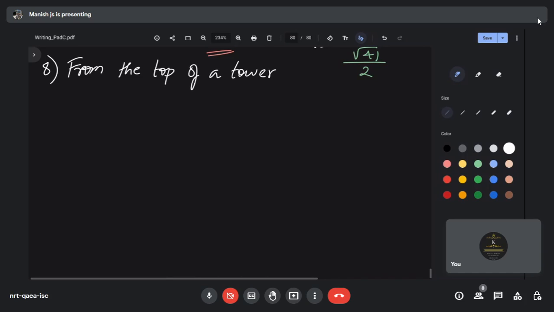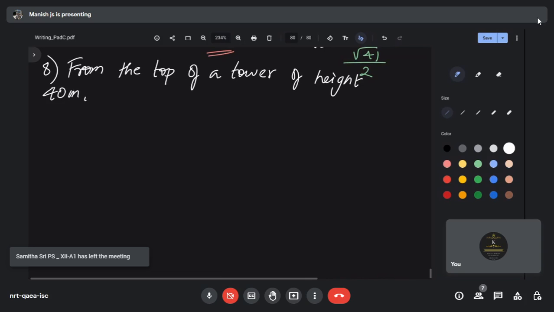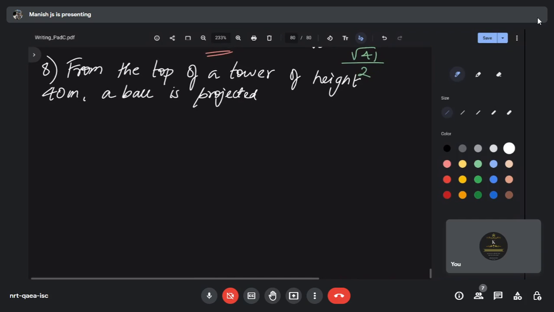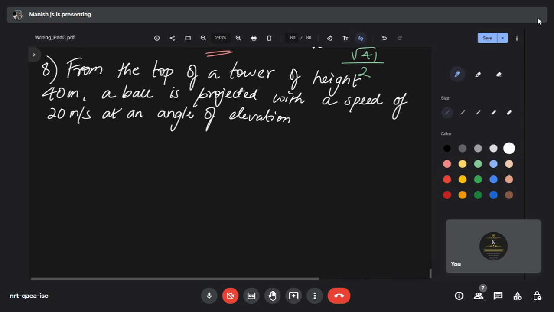From the top of a tower of height 40 meters, a ball is projected with a speed of 20 meters per second at an angle of elevation 30 degrees.